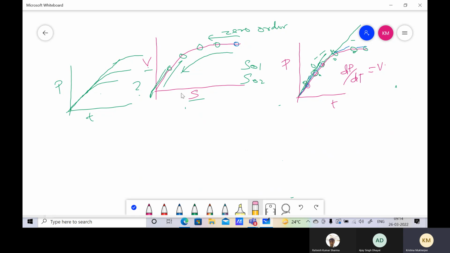Let us ask another question. Suppose we have this graph here and I draw tangents. Oh, sorry. Instead of drawing tangents, I draw curves. I draw tangents and I draw curves, which pass through this graph at these points. And this is my asymptote.